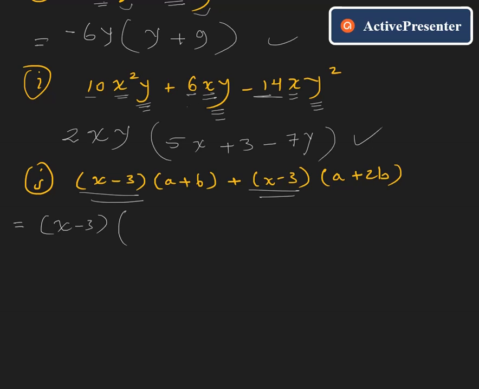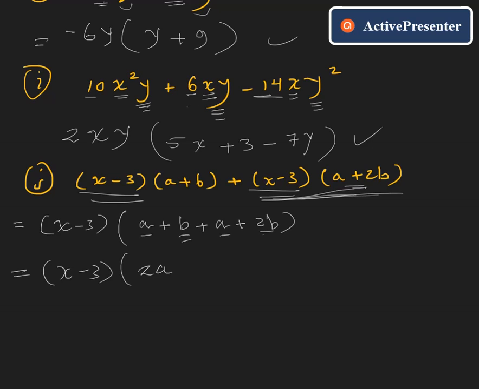So this should be equal to a plus b, and this one here should be left with a plus 2b. So our answer should be x minus 3, a plus a is 2a, b plus 2b is 3b. Then you are done.